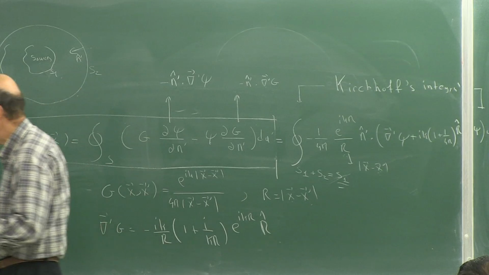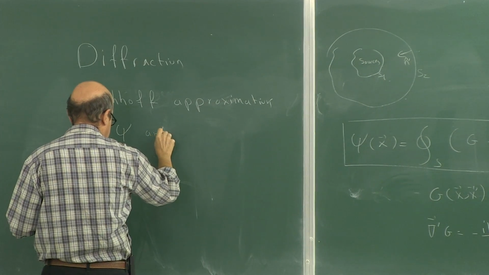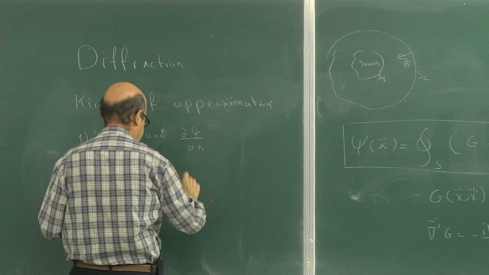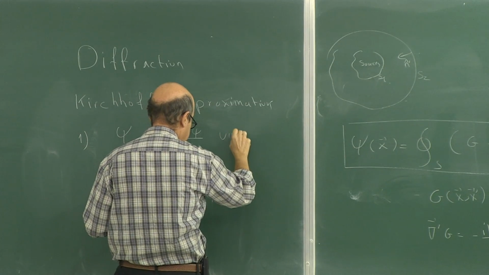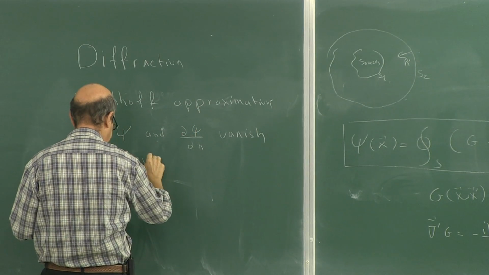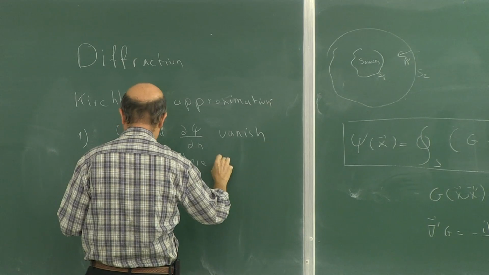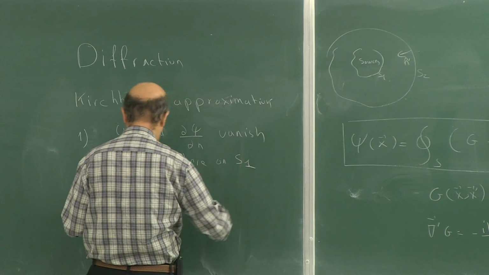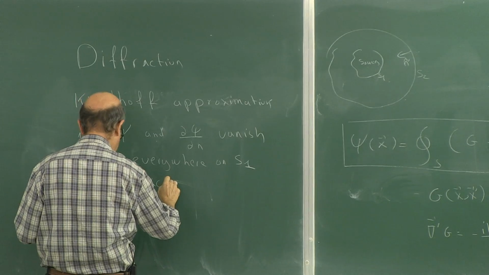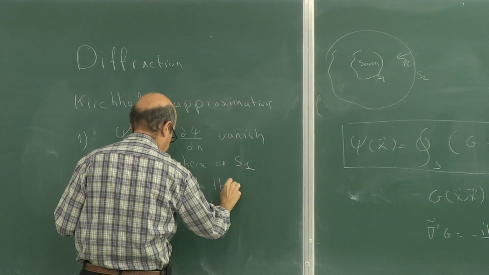It says that psi and del psi over del n have to vanish everywhere on S1, except, and this is important, except in the openings.